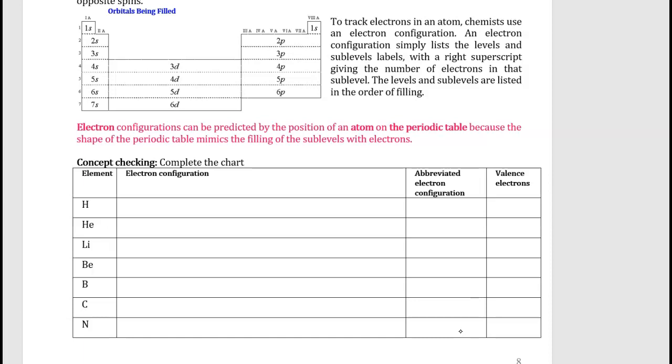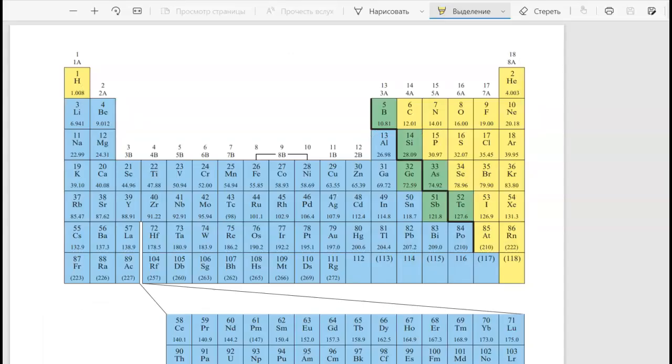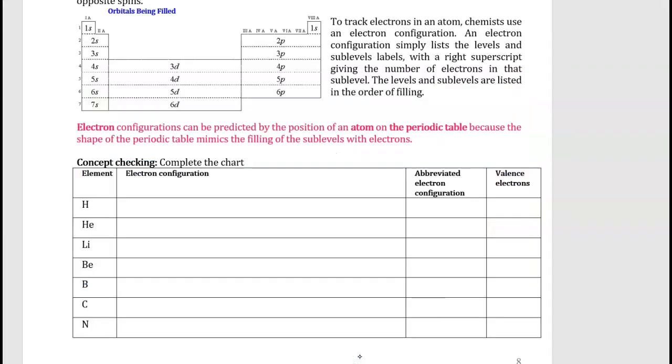So the first one is hydrogen. Jump to the periodic table and it shows us that hydrogen has atomic number 1, right? So it has 1 electron, and it is located in the first period.